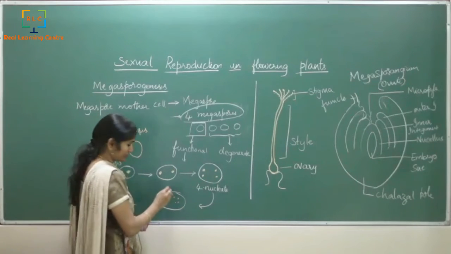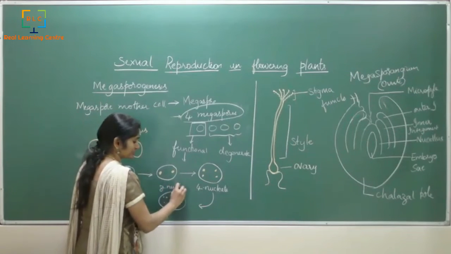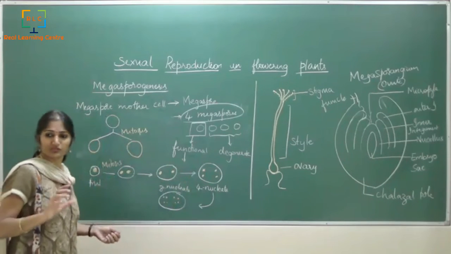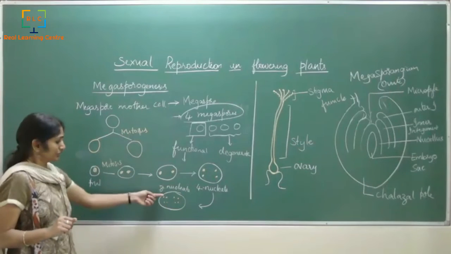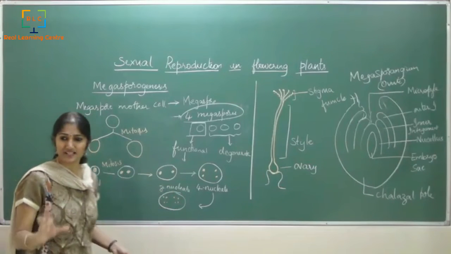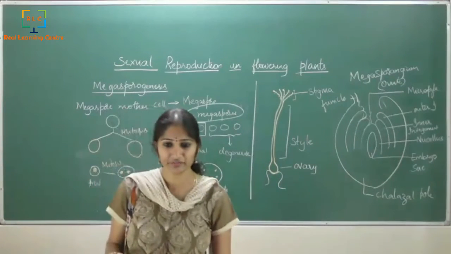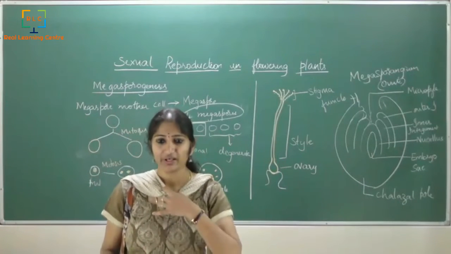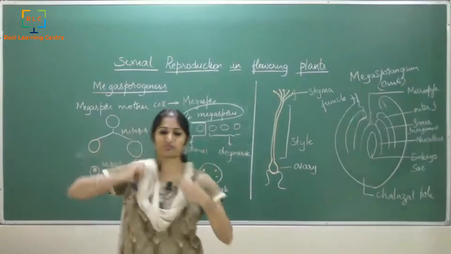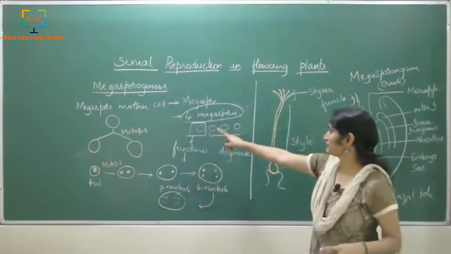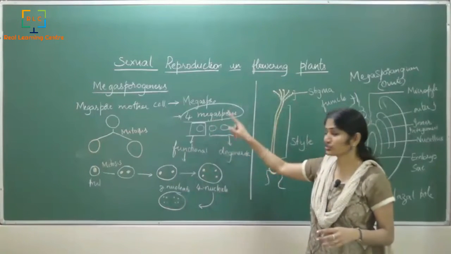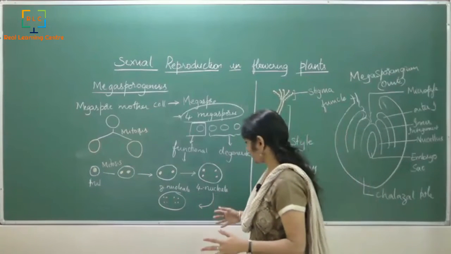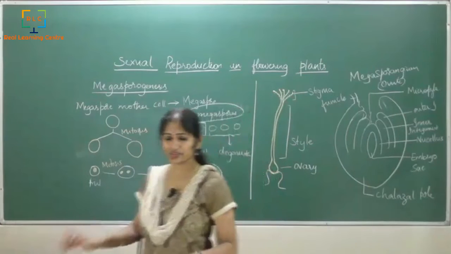You're getting what I'm telling you. So basically there is an 8 nucleate stage. Now this is very important because in one single cell there are 8 nuclei. There is no cell wall, there is no cell membrane, and therefore one single functional megaspore gave rise to a huge cell where there are 8 nuclei present.